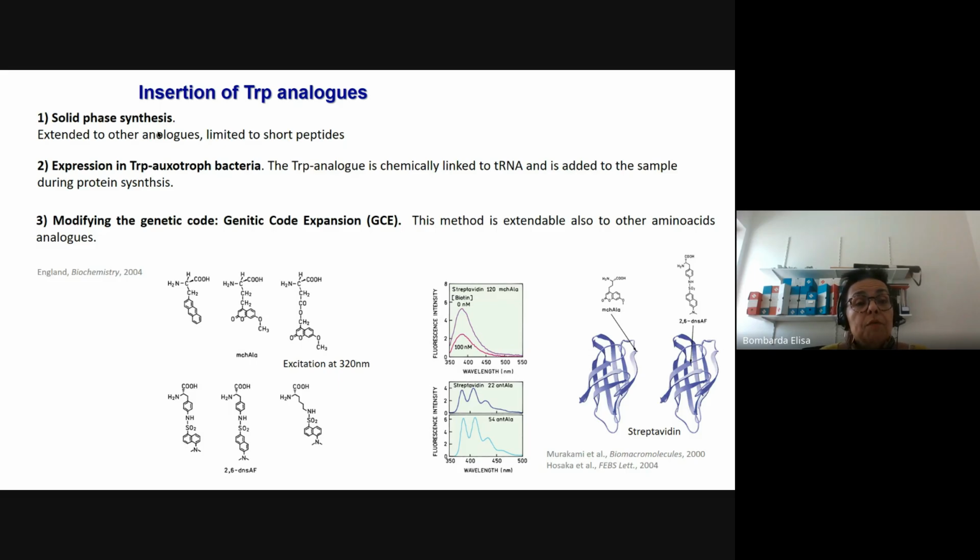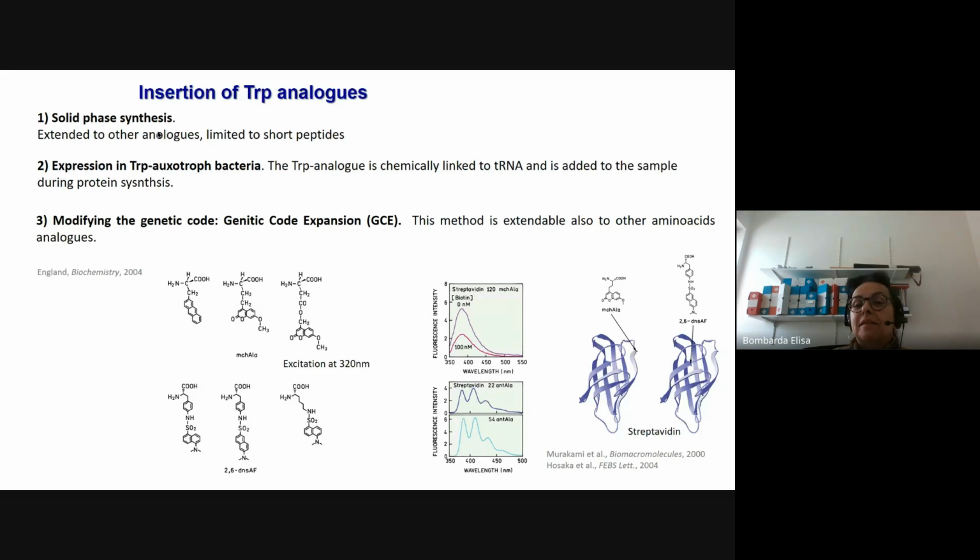Then concerning tryptophan, it can be possible to make the expression in tryptophan auxotroph bacteria, which are bacteria that cannot synthesize tryptophan, so they don't have it.